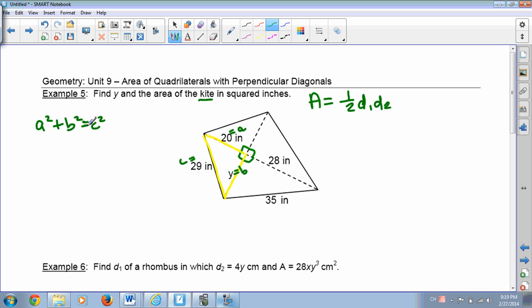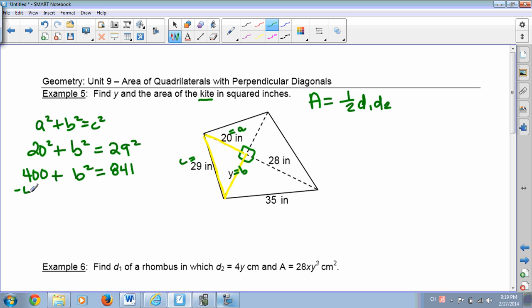A here I've labeled as 20, so 20 squared plus, we're not sure what our B is, in this case our y, is equal to C squared, 29 squared. So 20 squared, 20 times 20 is 400, plus B squared equals 29 squared, which is 841.